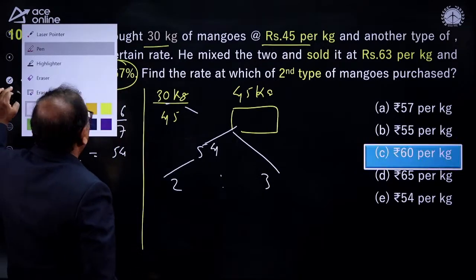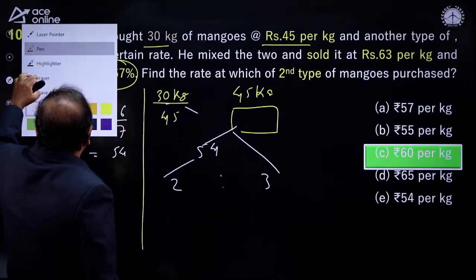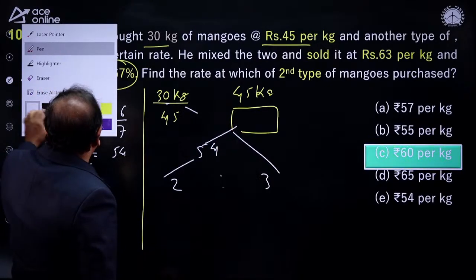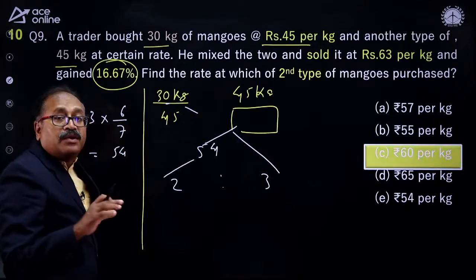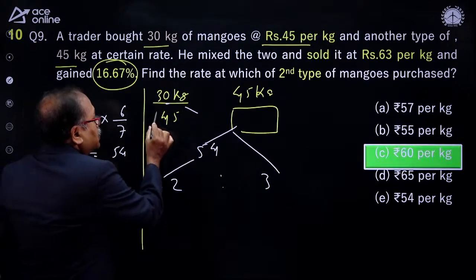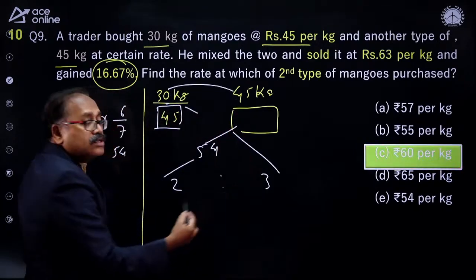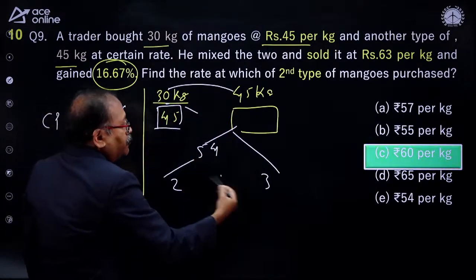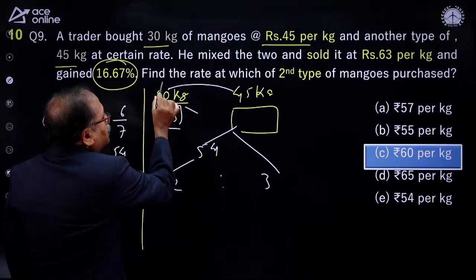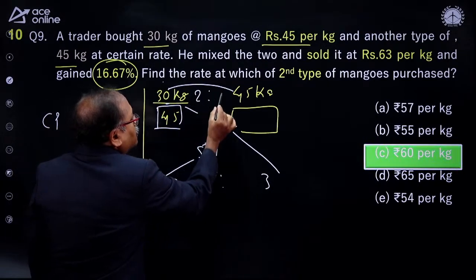So how do we find out this X value? It's very simple to find it out. What we do over here is, this is 45 and this ratio, you don't need to draw the alligation mixture diagram here. So what is this ratio? This ratio is 2:3.